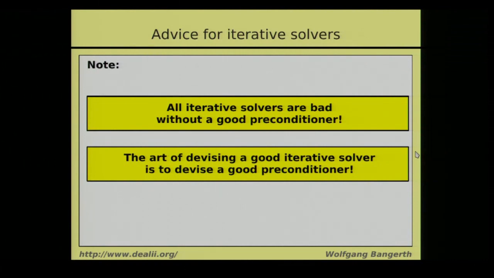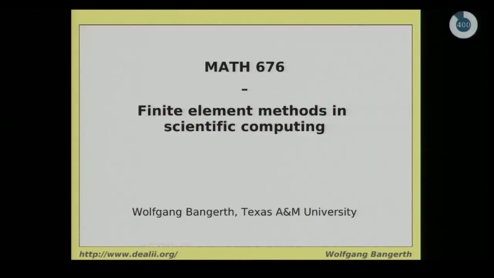And basically then what it comes down to is that the art of devising a good iterative solver is devising a good preconditioner. And so what I will come back to in the next lecture is that I want to talk about how do you actually come up with a good preconditioner? What are the strategies for this? What are the methods by which we can identify what is a good preconditioner and what is not?